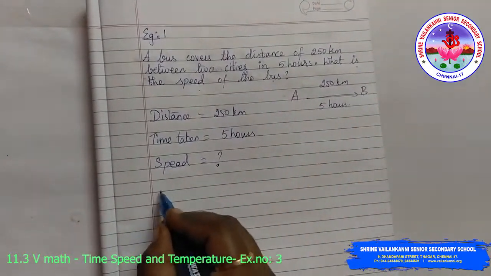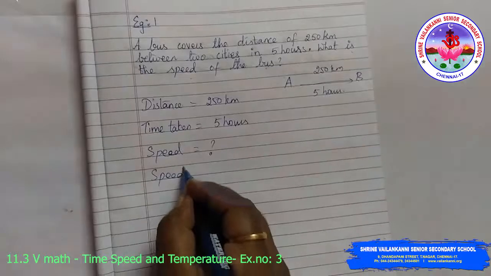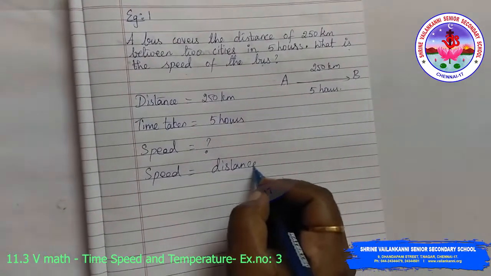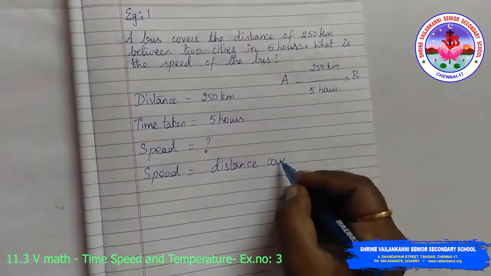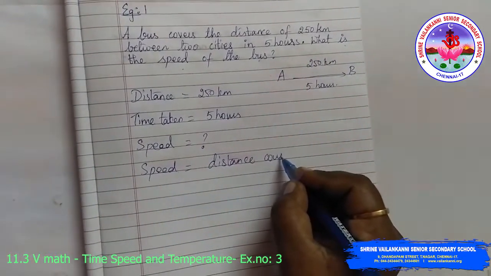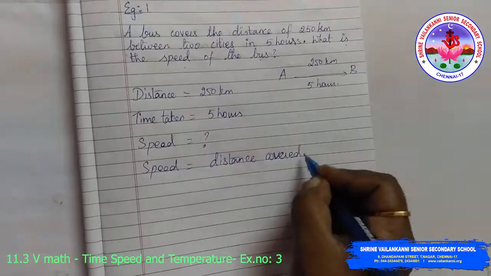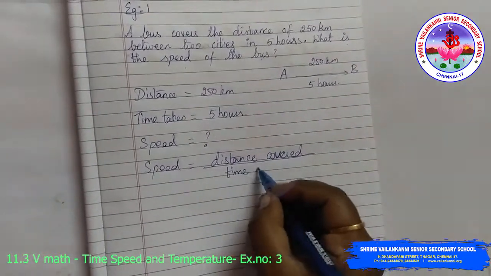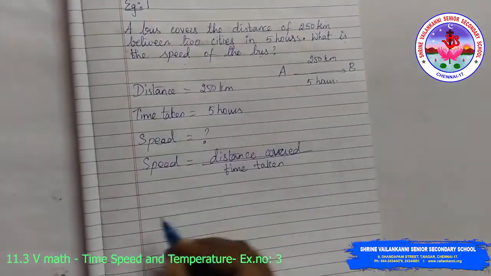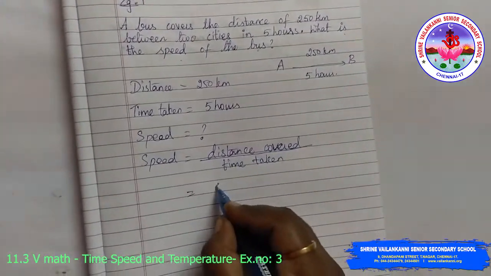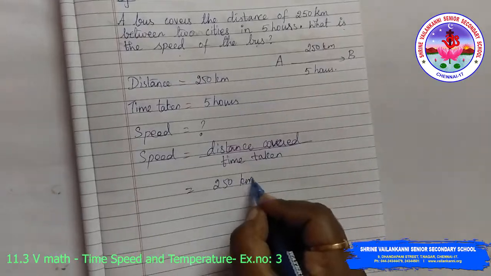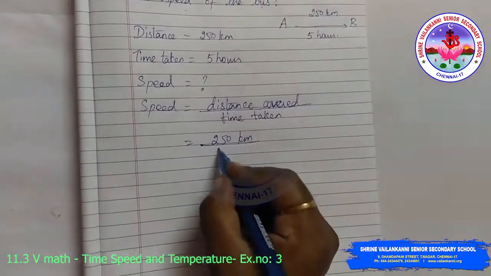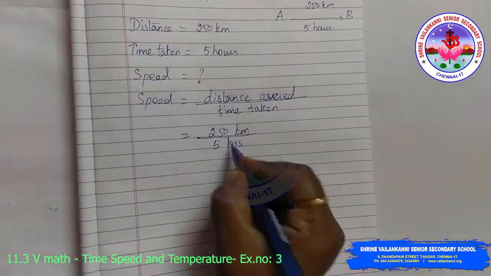What is the formula to find the speed? Just now I told, no? Distance covered by the bus divided by time taken. So the distance covered is 250 km divided by 5 hours.